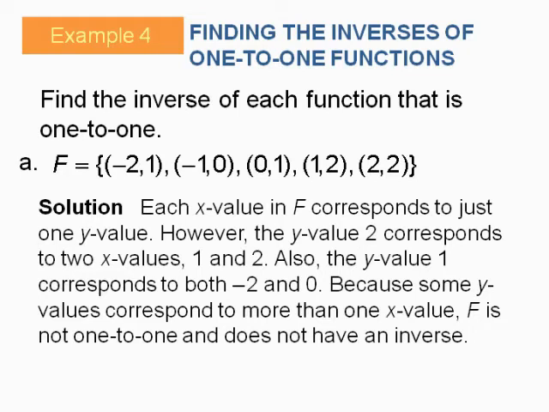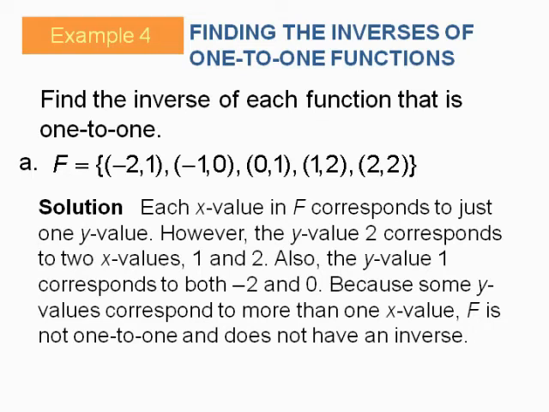All right, so let's find the inverse of a function that is 1-to-1. So they give us a function here with some ordered pairs: (-2, 1), (-1, 0), (0, 1), (1, 2), and (2, 2). So each x value in the function corresponds to just one y value.